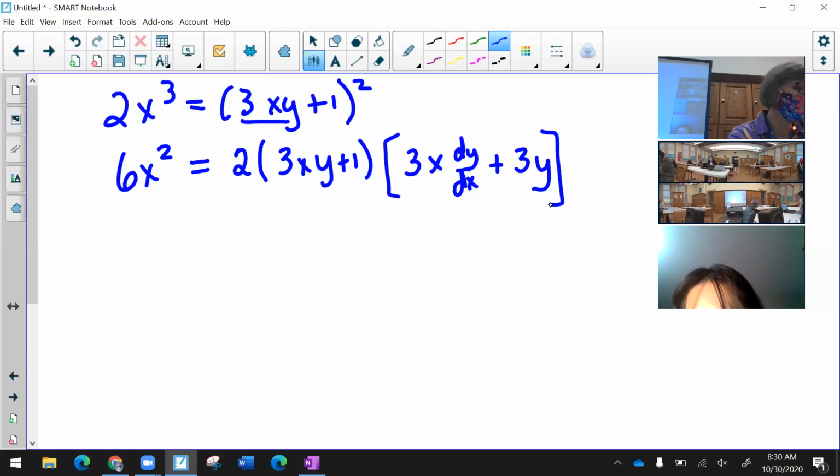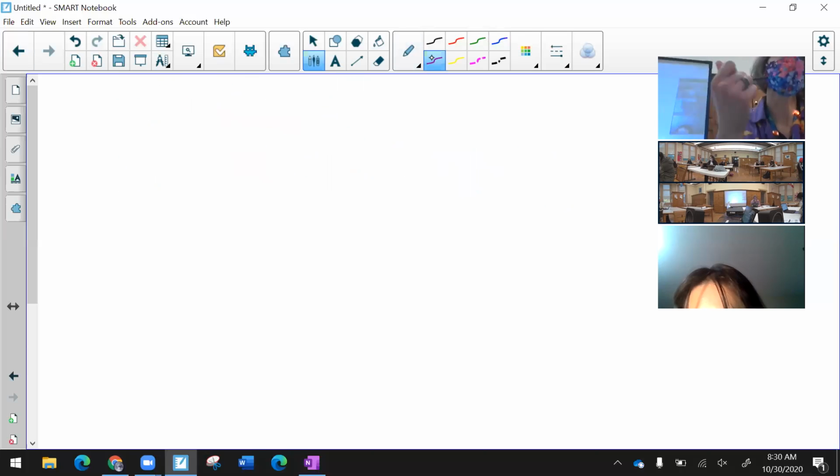All right, so let's do a couple more examples together that do some applications or places in which you may find this. The AP exam might say use implicit differentiation to find this answer, but it's more likely that they'll give you something funky.